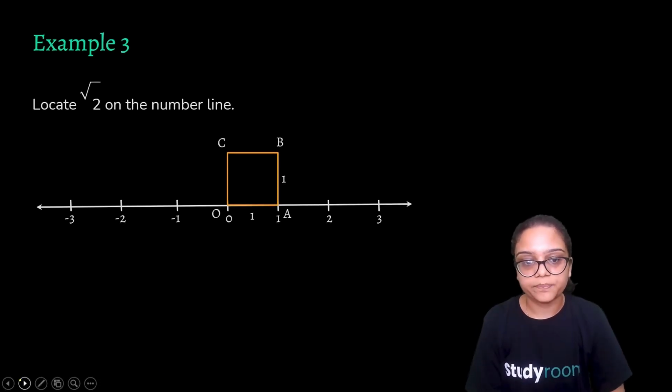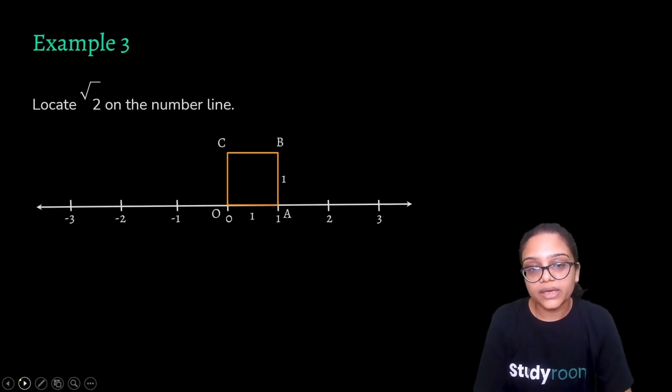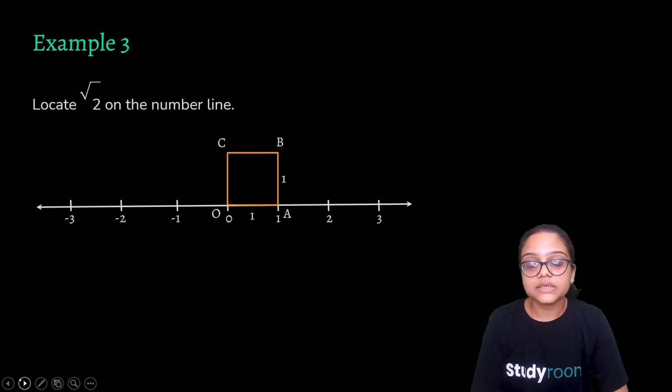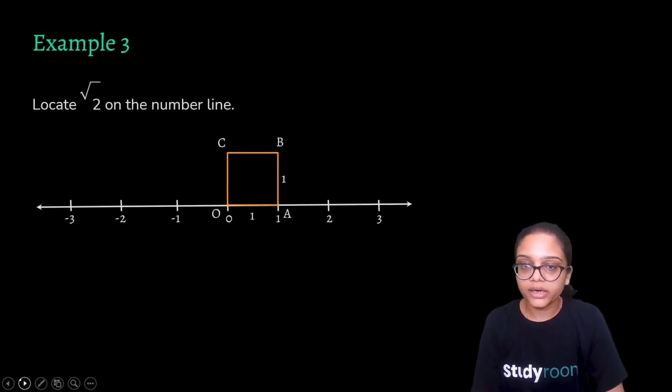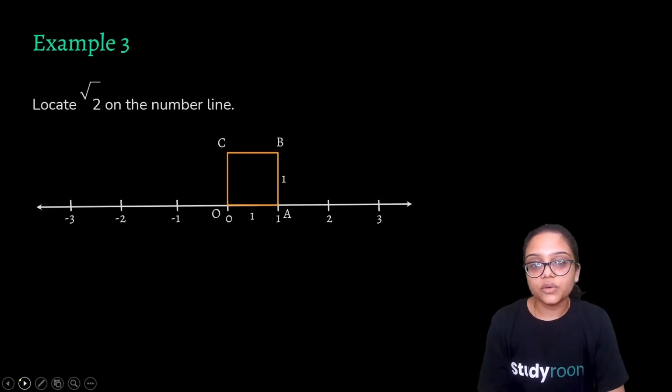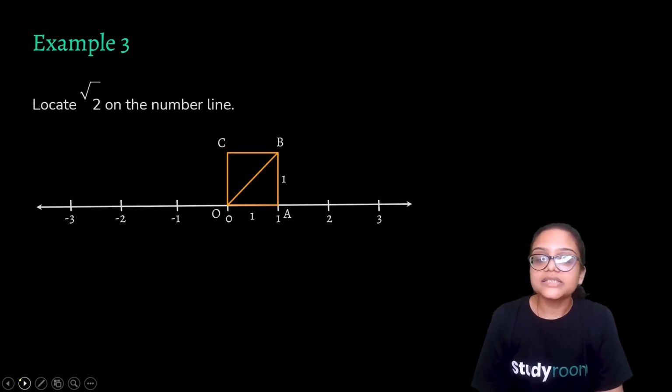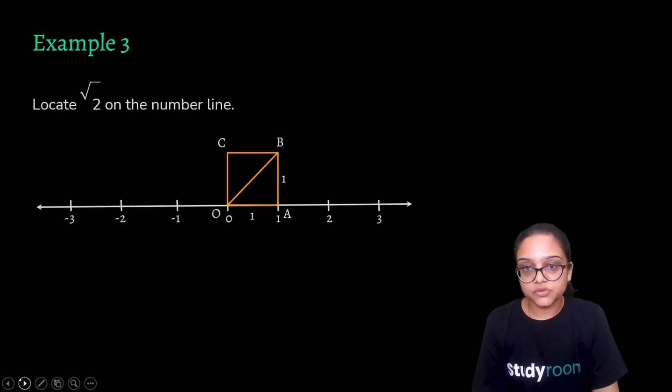See here carefully. So O to A is 1, and we have drawn a square of side 1. From square, you know, right? All sides are equal. So we have drawn a square of side 1. Now we're gonna just draw a diagonal from O to B. And just tell me, you know the hypotenuse rule, right?